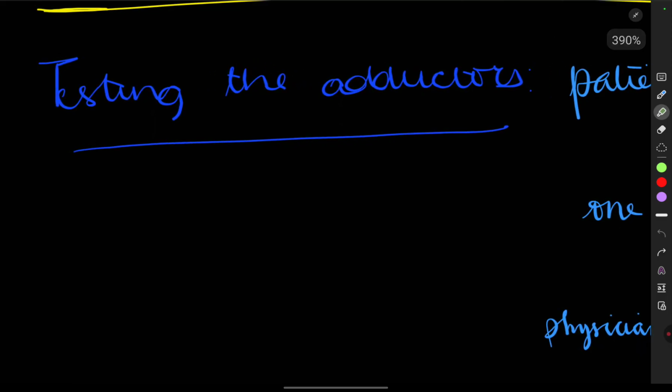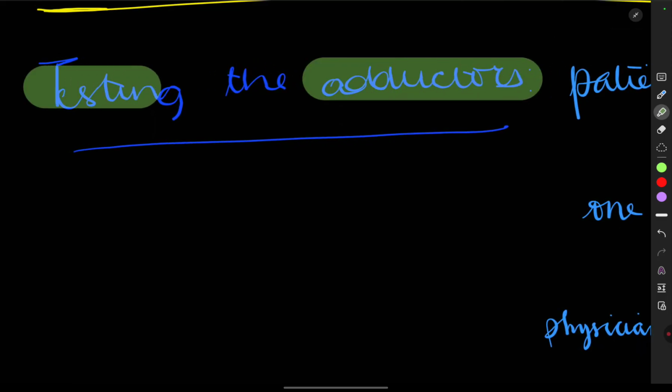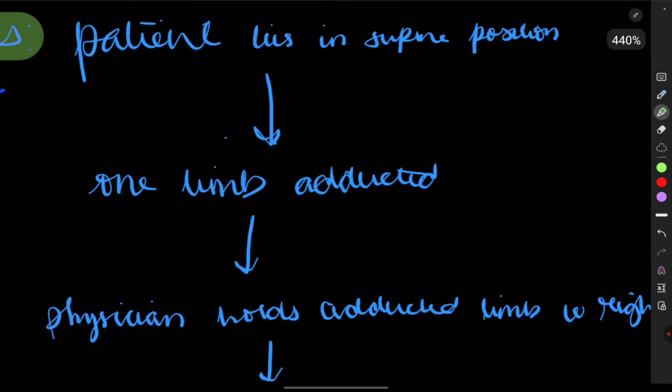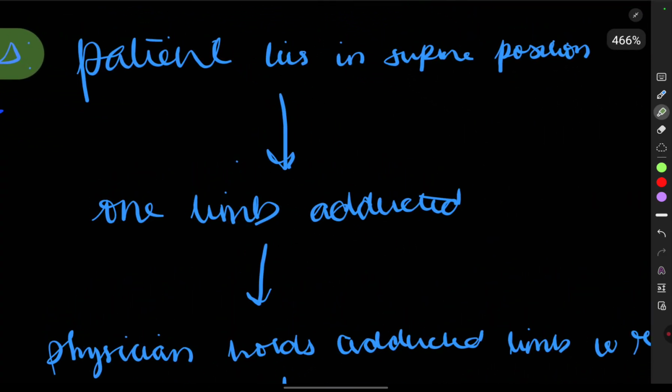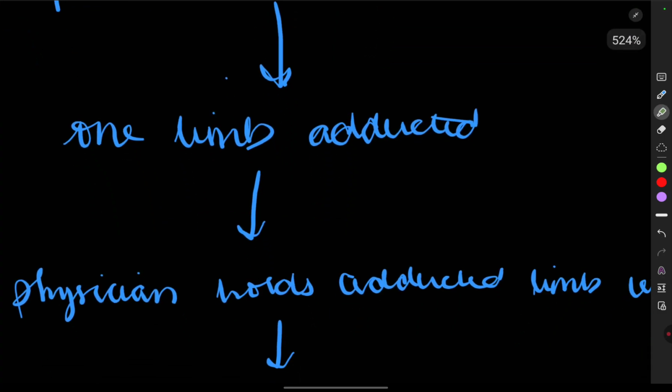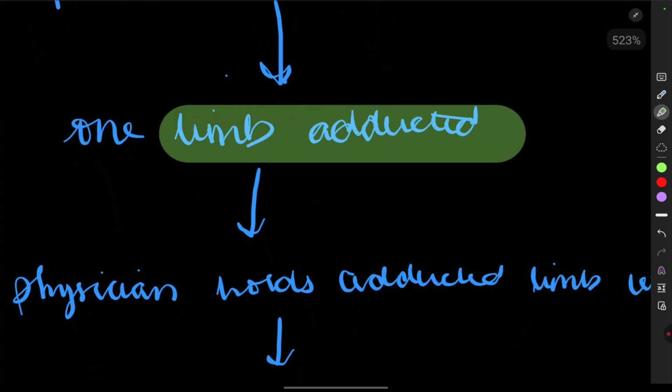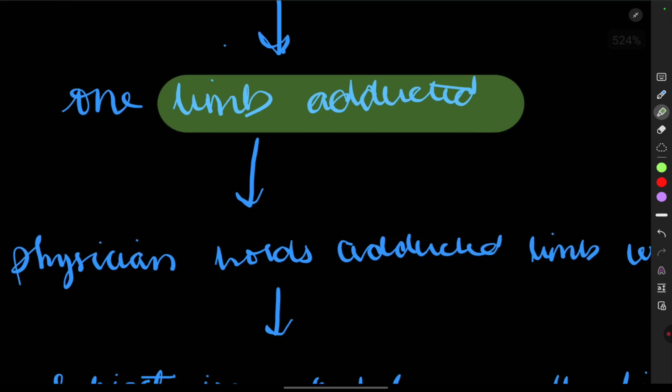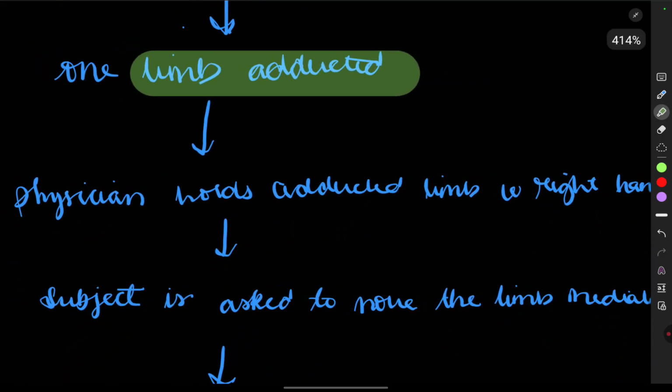So first one is the testing of the adductor muscles. How do we test the adductor muscle? The patient lies in the supine position. One limb is adducted, taken near his body.